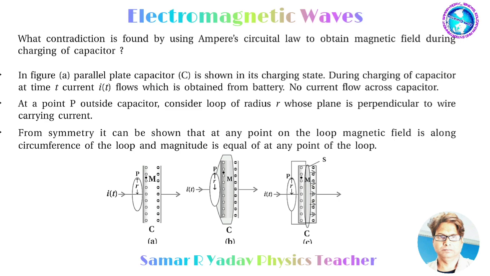At a point P outside the capacitor, consider a loop of radius r whose plane is perpendicular to the wire carrying current. For symmetry, it can be shown that at any point on the loop, the magnetic field is along the circumference of the loop and its magnitude is equal at any point of the loop.